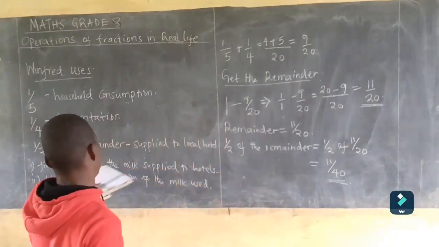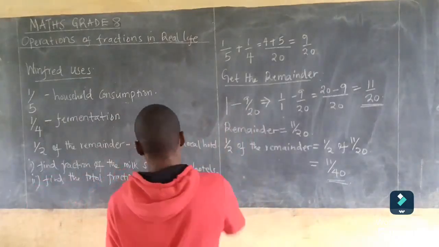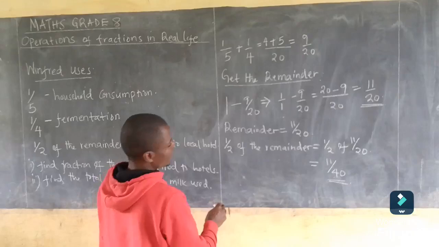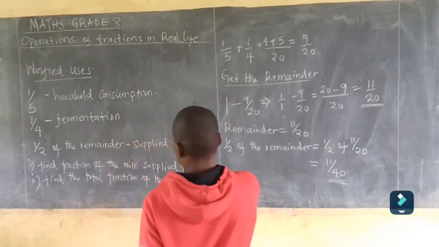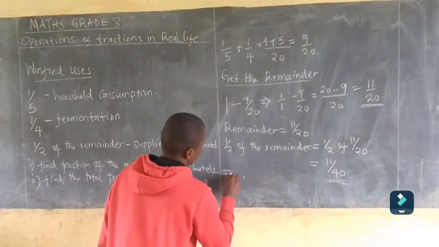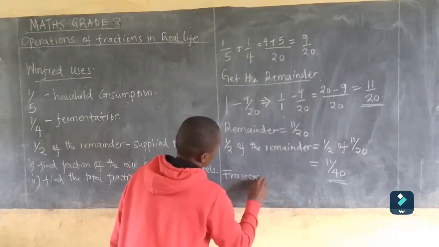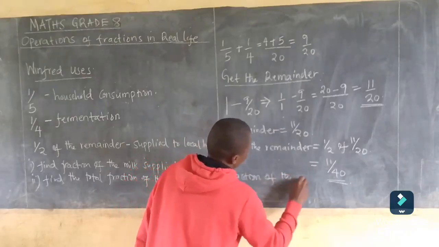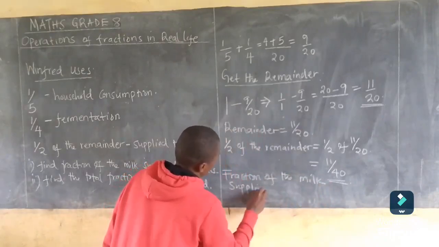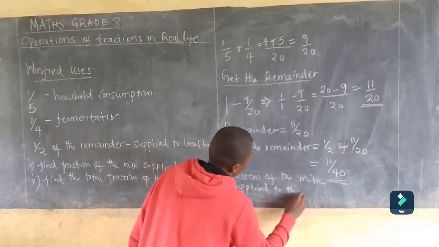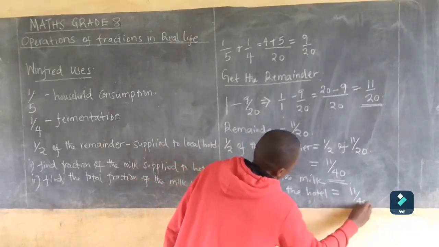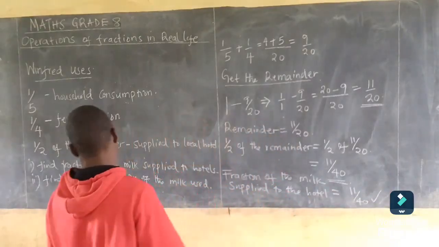So 11 over 40 is what is supplied to the local hotels. So the fraction of the milk supplied to the hotels equals 11 over 40.